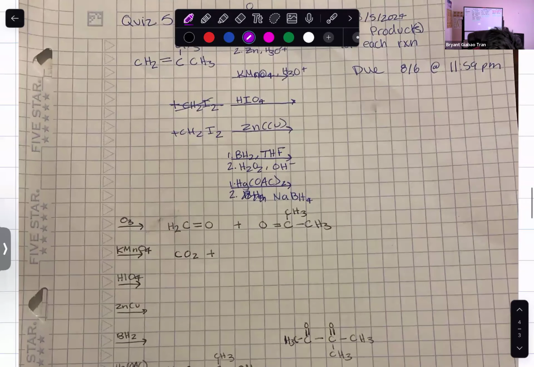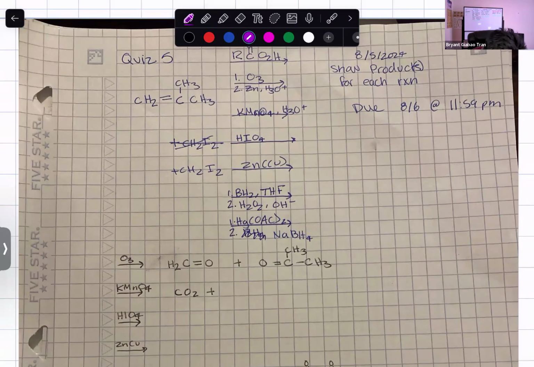HIO4, that's for carbohydrates. Maybe not. This is strong nucleophiles. Maybe that was for alkylation of acetylide anions. I think that's what he was talking about, that temperature part.